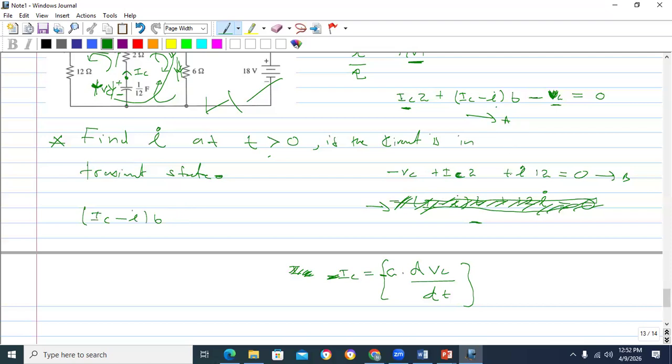This one minus this one. So VC cancels out. This will be minus I12. That is equal to 0. So I can get 6IC minus 6 simple I minus 12I is equal to 0.